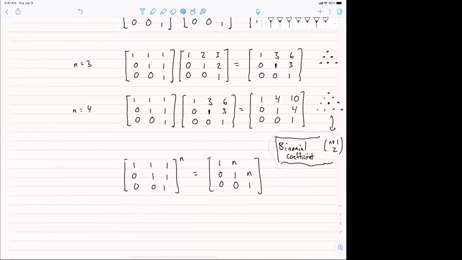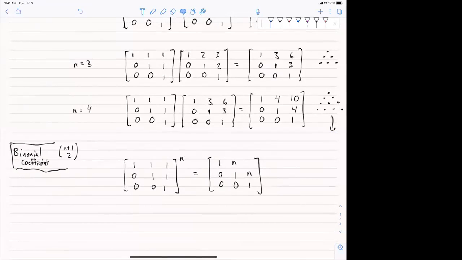This number is written n plus 1 choose 2, but that's notation. Let me give you the expression that computes it.